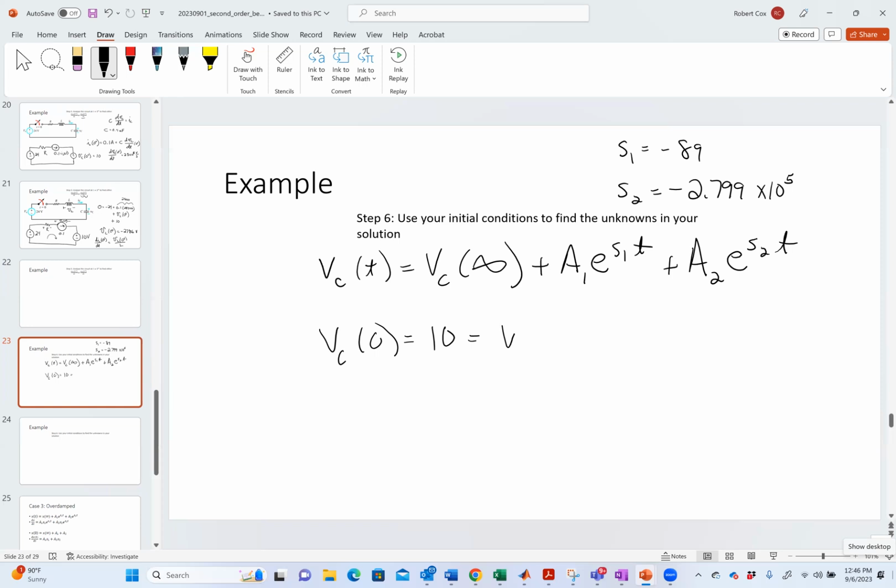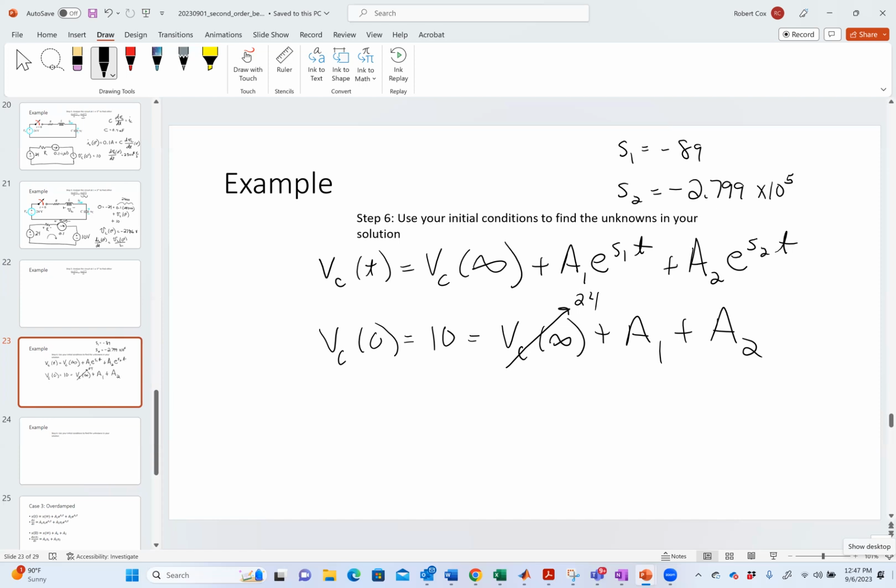So I get V sub C of infinity plus A1 plus A2. And V sub C of infinity we solved for was 24 volts. At this point I can't solve for either A1 or A2, but I know that A1 plus A2 is equal to negative 14.